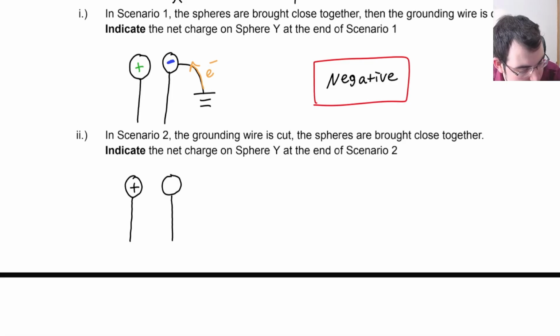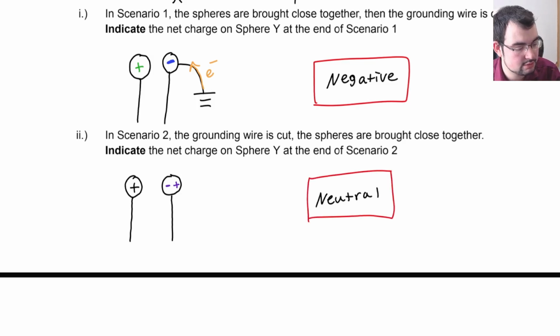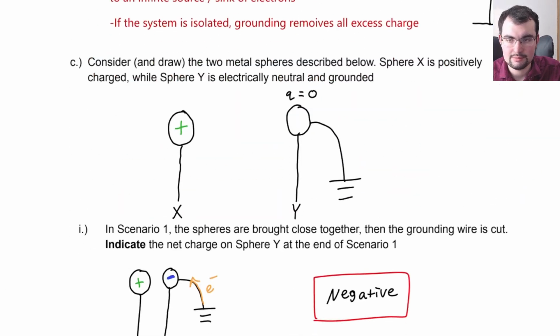But if you cut the grounding wire beforehand, there was nowhere for these charges to go or come from. You couldn't get these extra electrons if the grounding wire was cut. So we actually get an electrically neutral sphere, but it is still polarized. So kind of tricky looking at our language here.